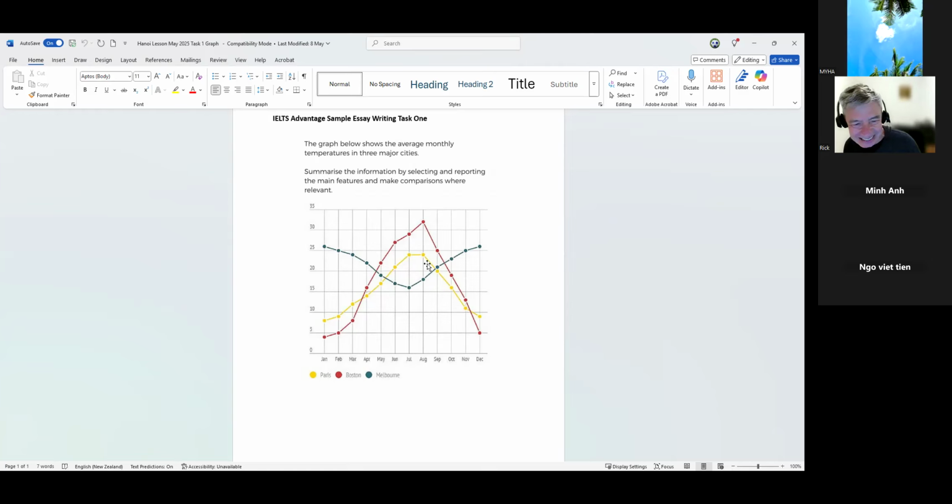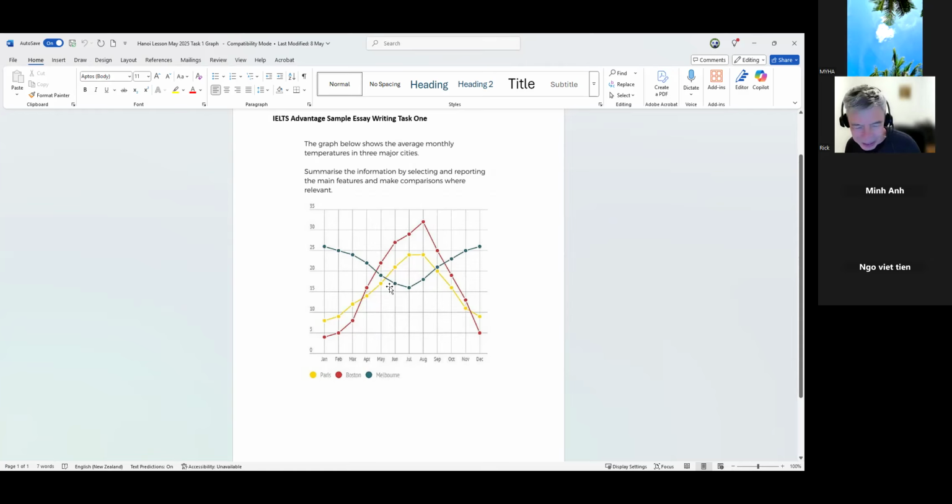It can be clearly seen that Boston goes from, what is the lowest temperature in Boston? The lowest temperature is about 4. And what is the highest temperature? The highest is about 33, maybe. So Boston has a temperature range of about 30 degrees. Is that right? Yes.